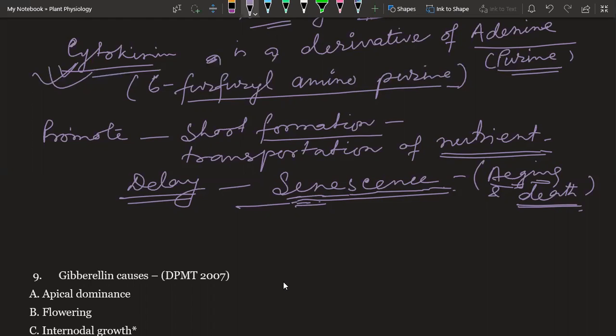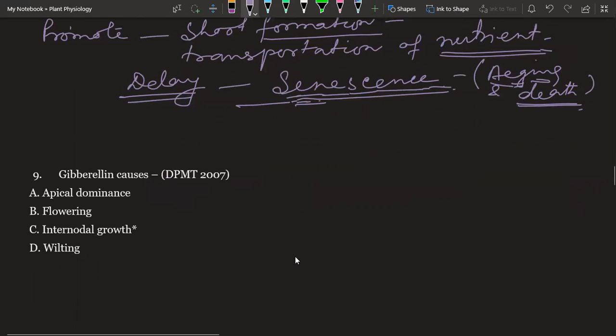Now come to another hormone, that is gibberellin. This gibberellin causes what? Gibberellin causes apical dominance, flowering, internodal growth, and wilting. So here gibberellin causes internodal growth.